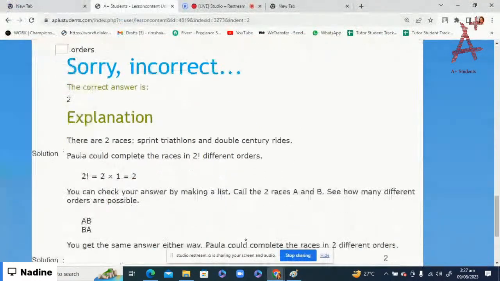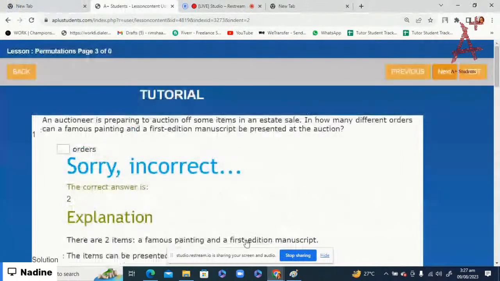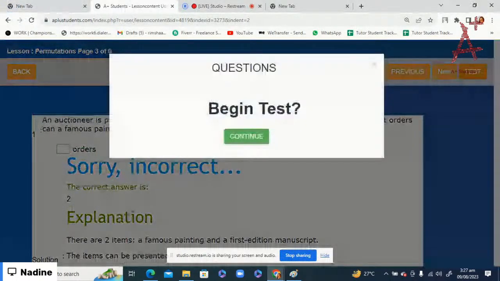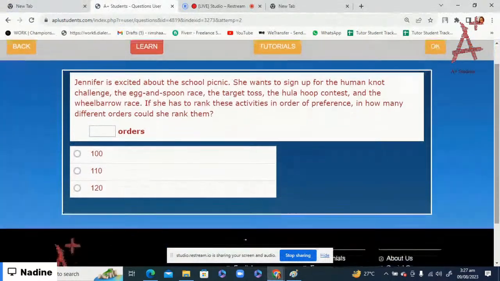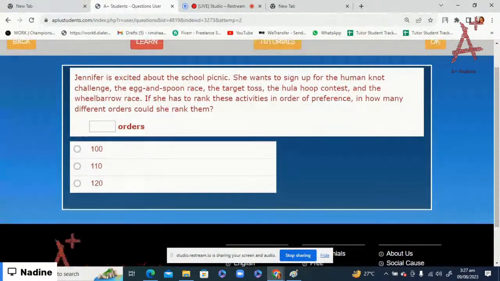All right, let's do the test question. Here is the test question. First, just read it. Jennifer is excited about the school picnic.